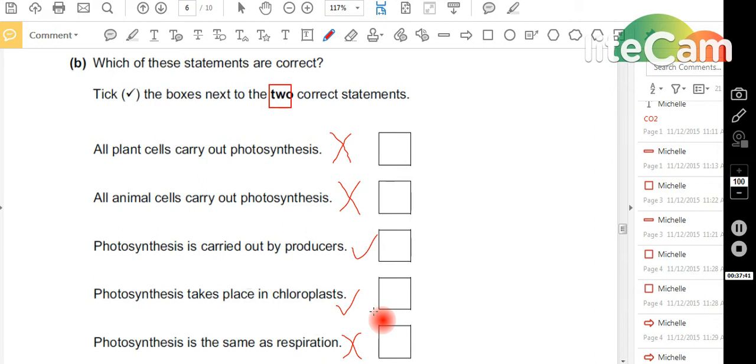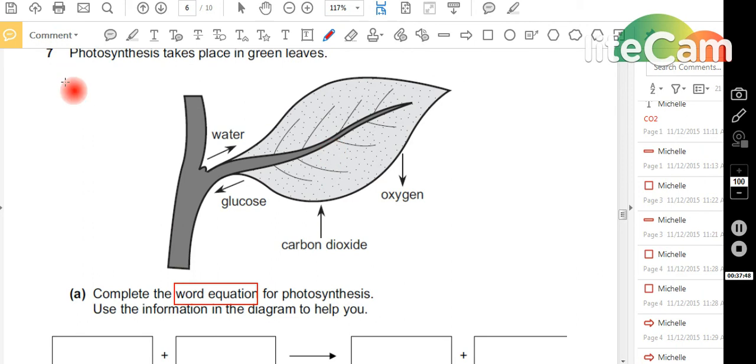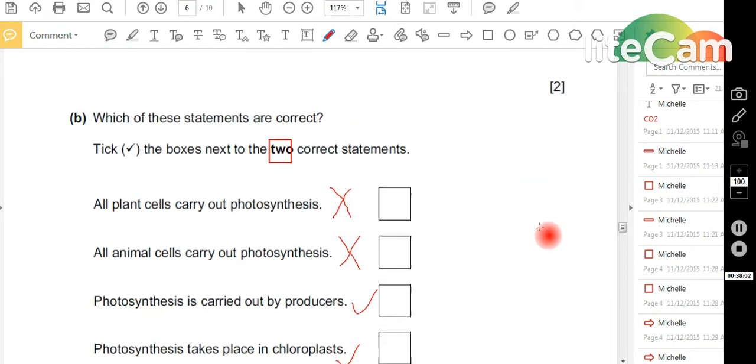Respiration is where the cells produce energy, and then it's exactly the opposite. So when they produce energy, they use glucose and oxygen in order to give off carbon dioxide, water, and energy. Okay.